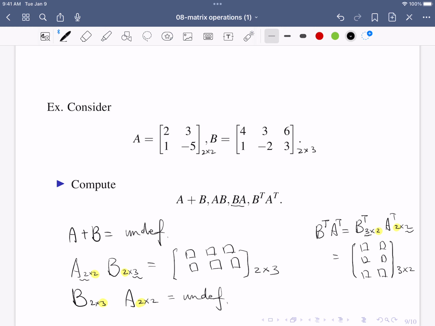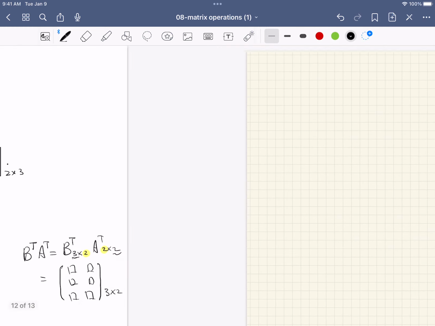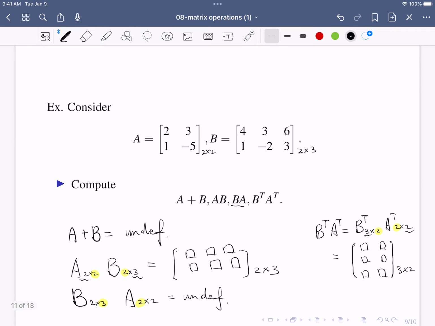All right, there were 4 questions originally. Now we eliminated 2 undefined operations, so we don't need to do any more work on them.